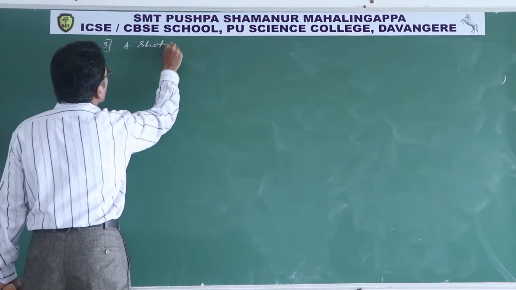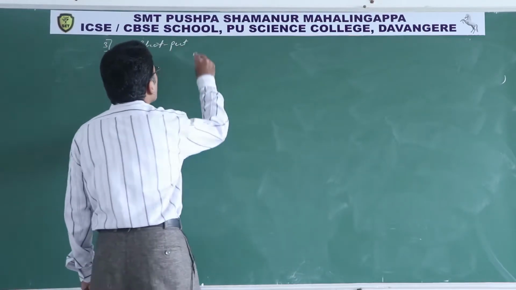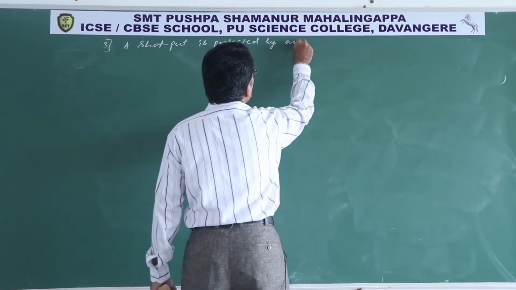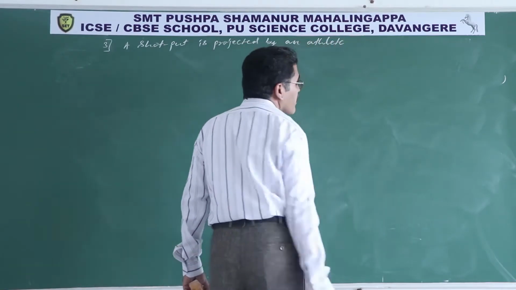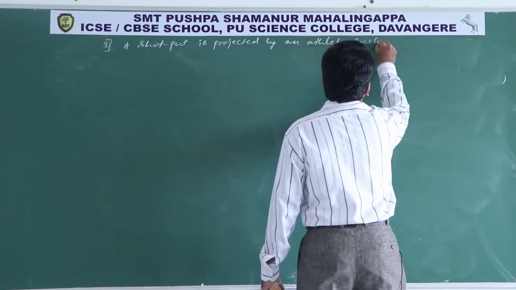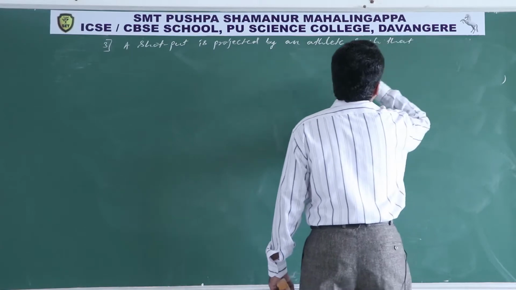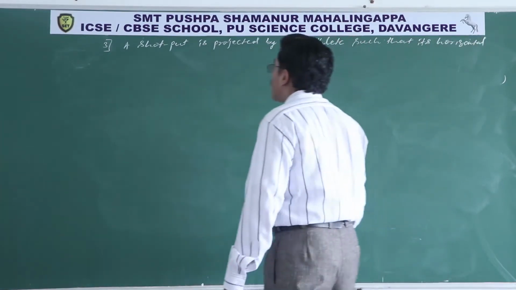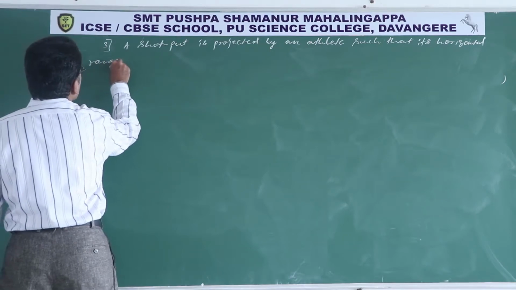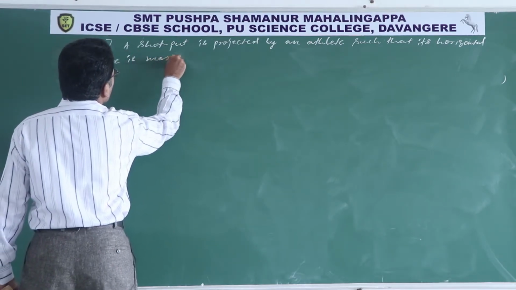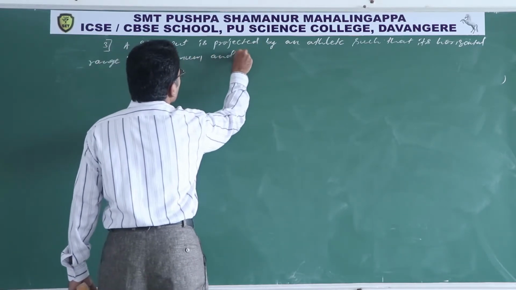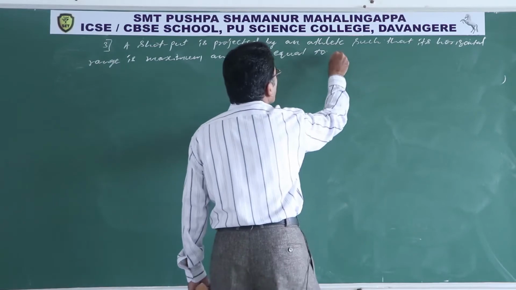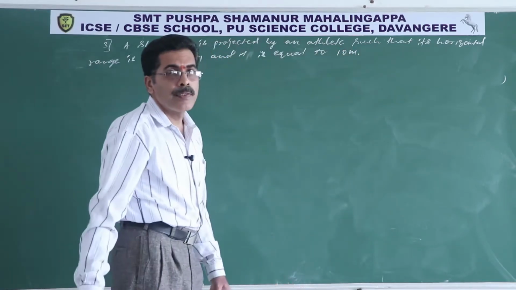A shot put is projected by an athlete such that its horizontal range is maximum and it is equal to 10 meter.